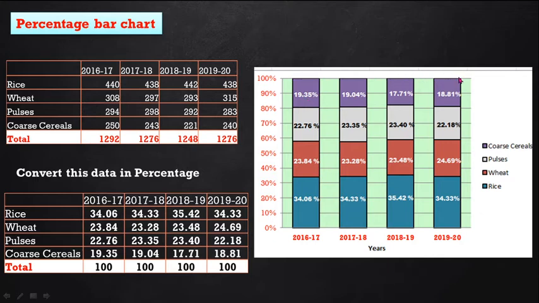In the objective exam, it may ask whether the height of a percentage bar diagram for different categories will be similar or different. So, remember this, the height of each bar will be 100%, it is the same. In this case each category is divided as a percentage over the total. So, here also we can compare by different colors and different percentages over the years what the rice production or rice cultivation is.